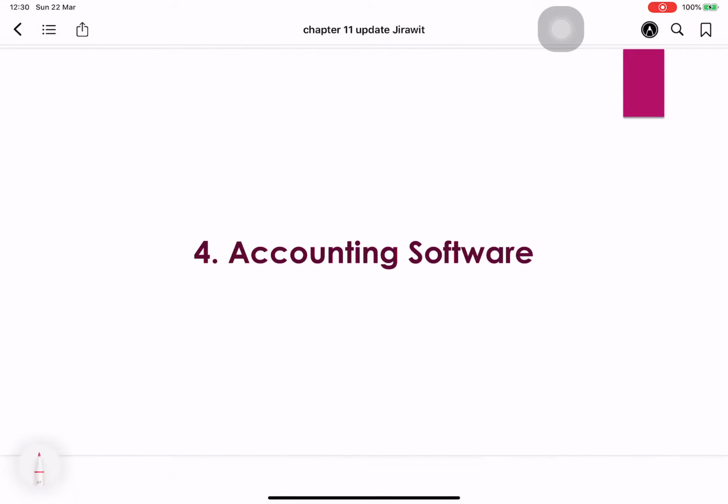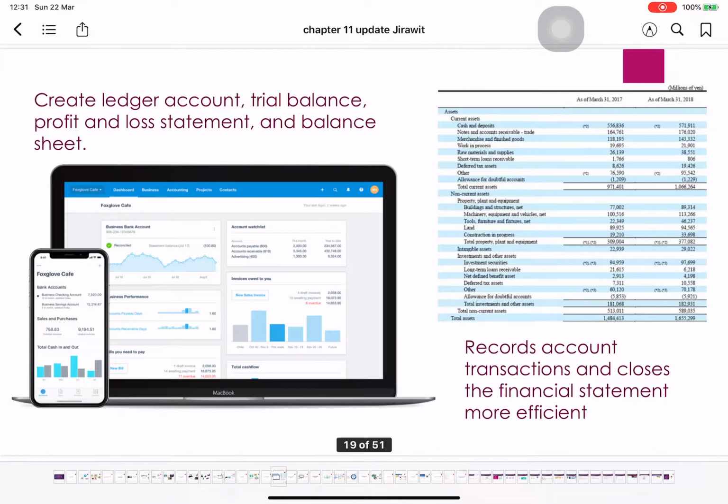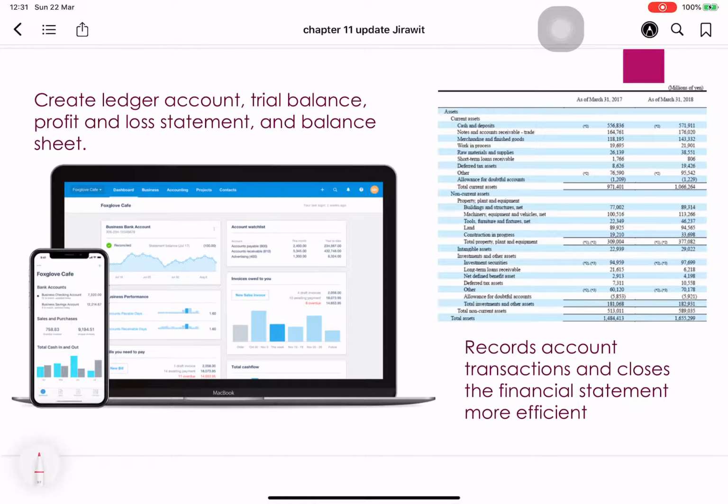Number 4 is accounting software. This is an example of accounting software where the organization creates a ledger account, and you can see the trial balance, the profit and loss statement, and the balance sheet inside the application.